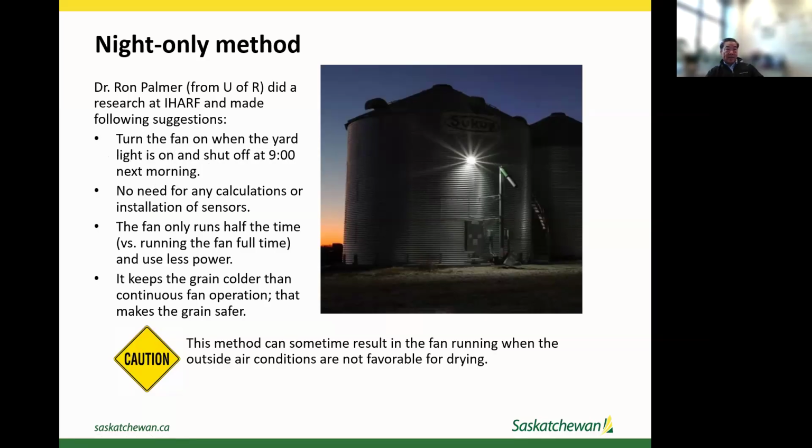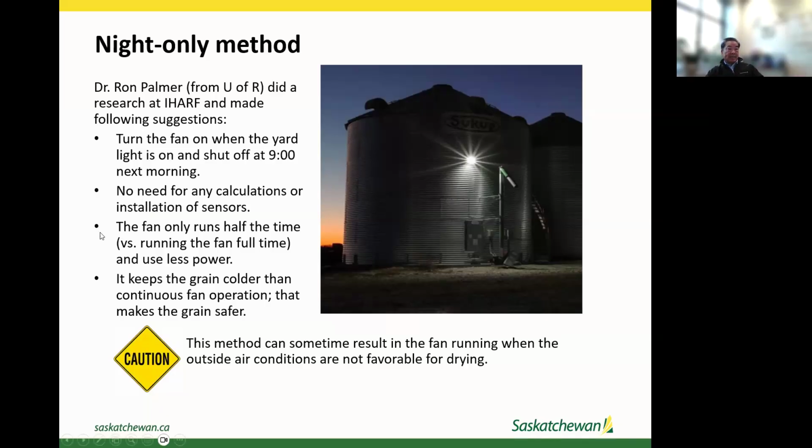His research showed that, particularly in summertime, when the nighttime air temperature doesn't drop much and is very close to daytime, sometimes the grain is not drying. You blow the air with the moisture in, and the moisture might be retained inside the bean, which ends up rewetting your grain instead of drying.